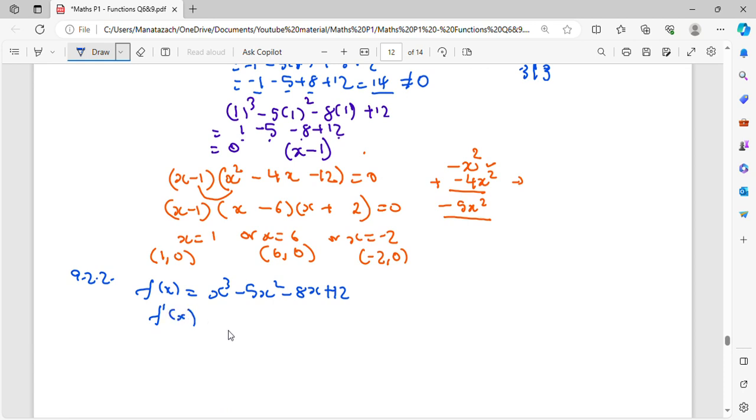Let's first find the derivative. The slope of the function is going to be 3x squared minus 10x minus 8. So the gradient of the line at the point where x is 1, we're just going to replace x by 1.